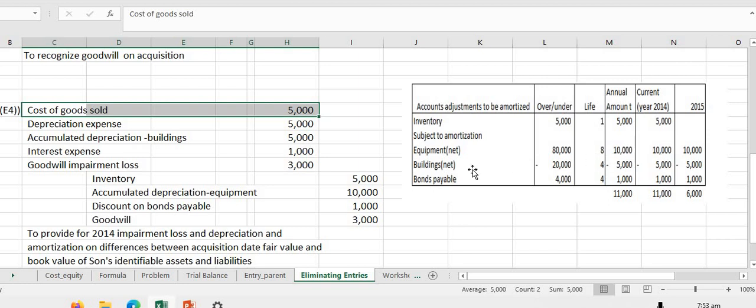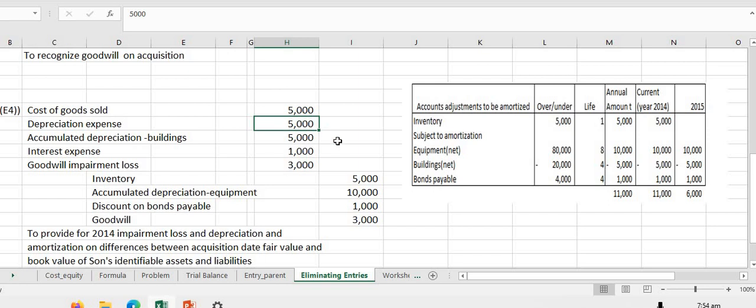Then our building is overvalued by 20,000, but its remaining useful life is 4 years, so there is an amortization of excess of 5,000. When our asset is undervalued, the depreciation is also undervalued; when the asset is overvalued, the depreciation is overvalued. So we net them: there is a net undervaluation of depreciation expense of 5,000, since 10,000 is undervalued for the equipment and 5,000 overvalued for the building. So debit depreciation expense of 5,000.